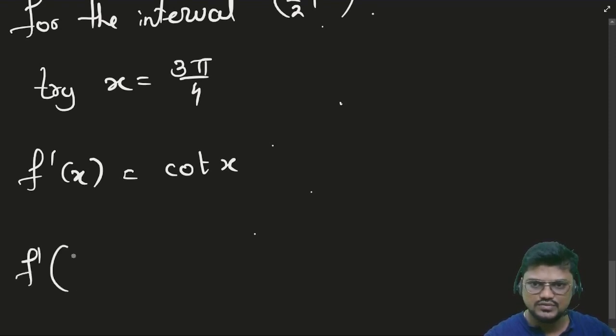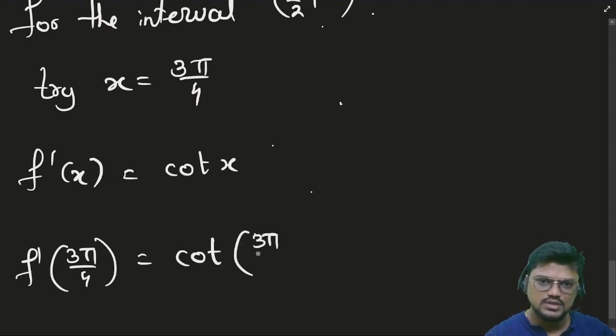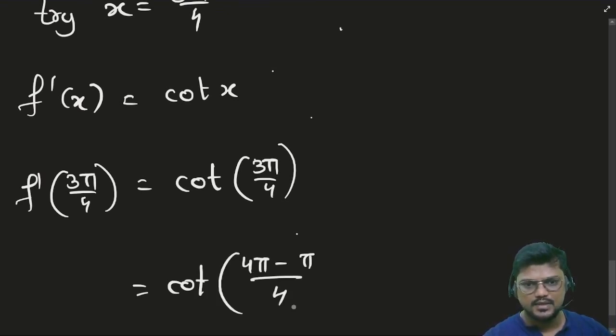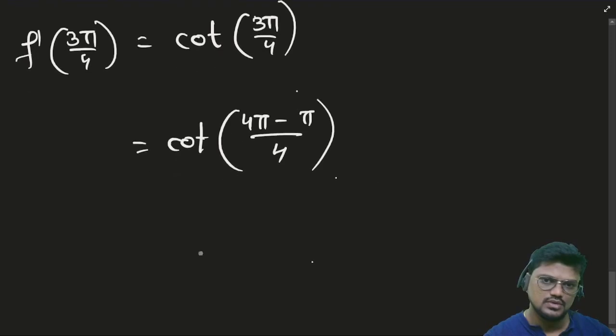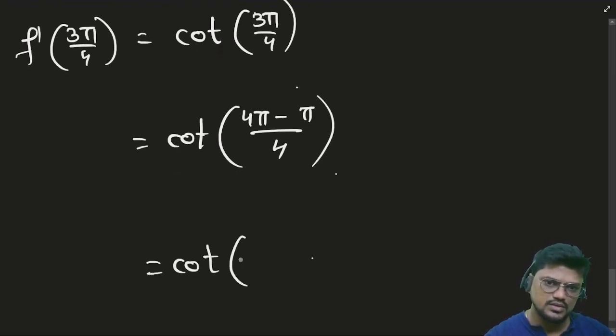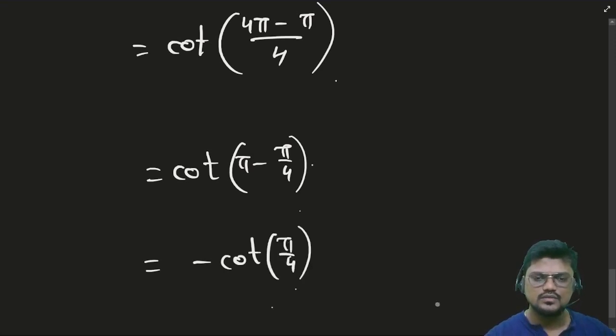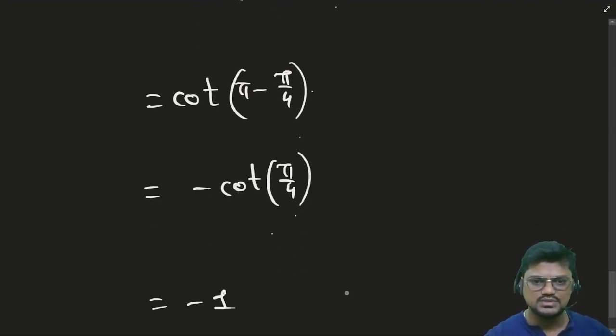So your f dash of 3 pi by 4 will be equal to cot 3 pi by 4, which gives you cot of pi minus pi by 4, and cot of pi minus theta is minus cot theta, so minus cot pi by 4, which gives you minus 1, which is less than 0.